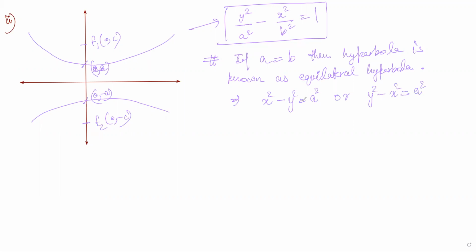Either x² minus y² is equals to a², because a² and b² both would be same, so replace b² with a². You would get either x² minus y² is equals to a² or y² minus x² is equals to a². And length of latus rectum is same.